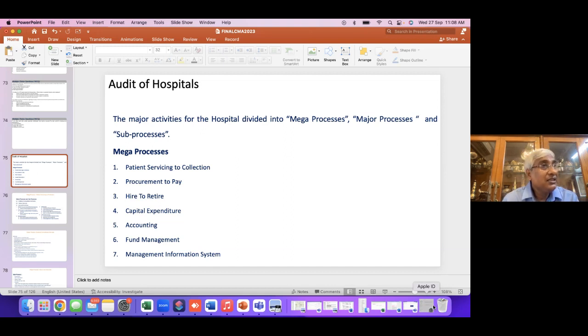Any decision in any industry is depending on the proper management information availability and perusing those management information.